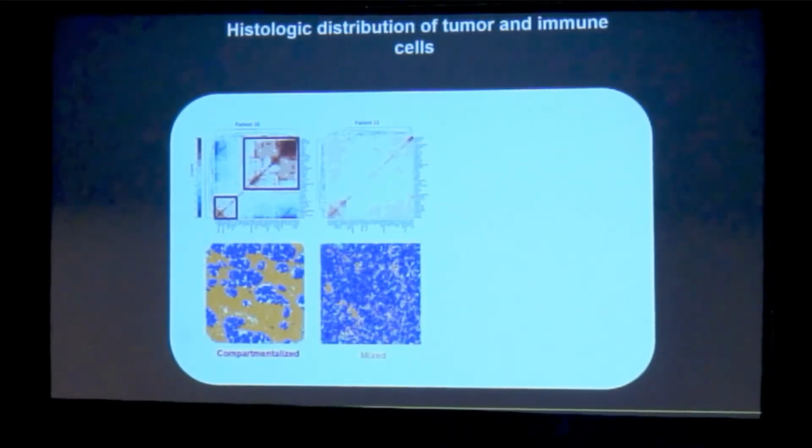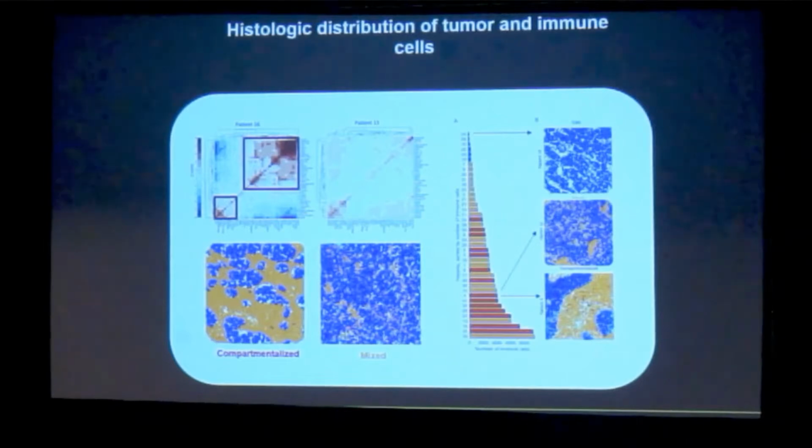This seemed to correlate with two main subtypes of tissue architecture, one being the compartmentalized phenotype, where the tumor cells are all together and surrounded by immune cells, and the other is this mixed phenotype. We were able to derive this simply from the distance score of the different markers. And this does, to some extent, relate, as you might imagine, to immune infiltrate, but it also has a strong degree of variance that can't be attributed to that.